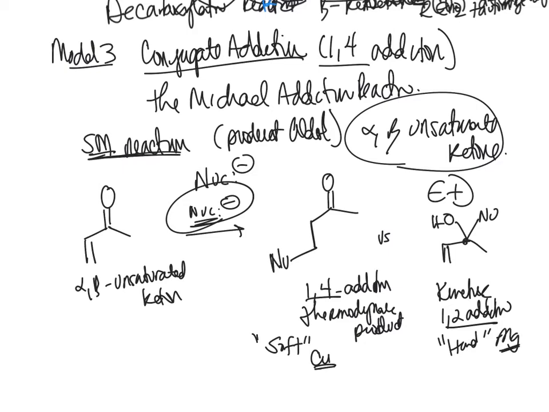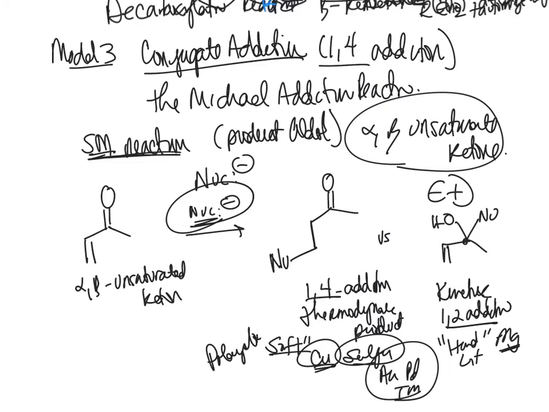Grignards are hard. Lithium is hard. Copper is soft. Sulfurs are soft. These are big. Soft is like a highly polarizable, big fluffy electron cloud. And metals like gold and palladium, your transition metals that like to form carbon bonds, those are considered soft. And they prefer a 1,4 addition.